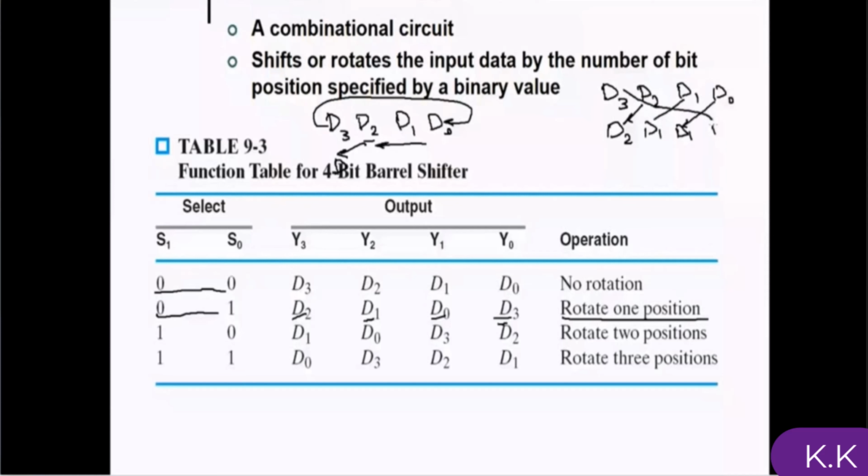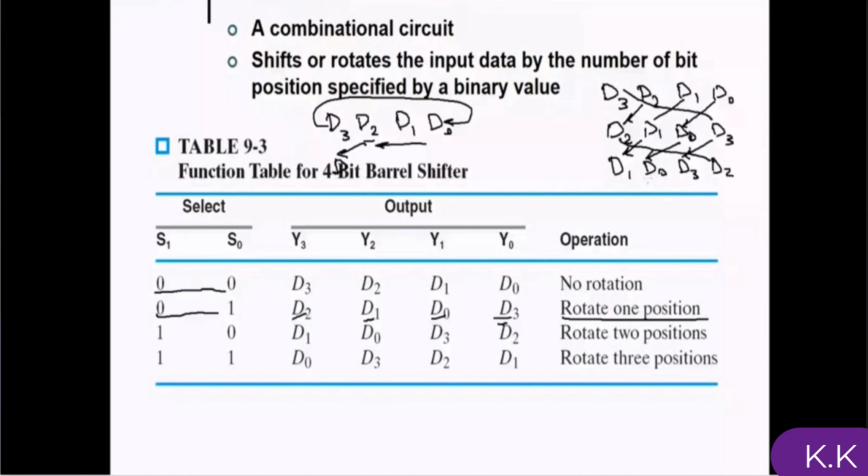What about 2 positions? If I'm going to rotate 2 positions, if it is D3, D2, D1, D0, by one rotation, the D2 is coming here, the D1 is coming here, these are all coming here, and D3 moves from this position to this spot.